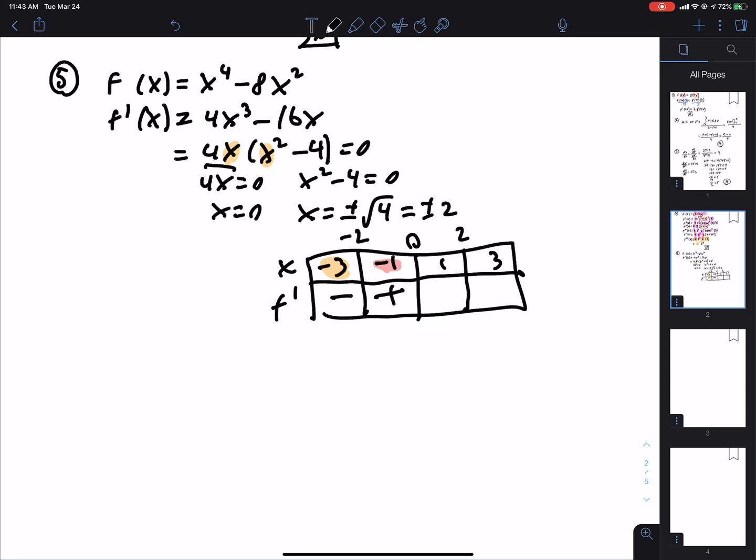I plug in 1. 4 times 1 will be a positive. 1 squared minus 4 is a negative. It gets me a negative. I plug in 3, and that'll be positive, positive, so it's positive. And we're looking for a relative minimum. The justification for a relative minimum is the derivative changes from negative to positive, and we see it happens here, so that must be at -2.